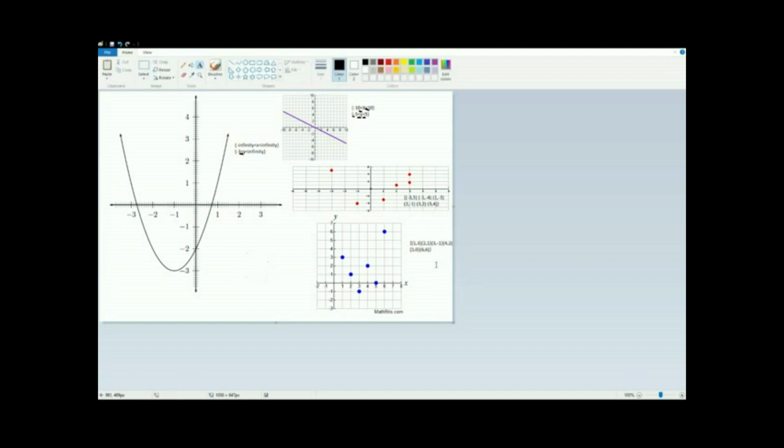Okay, I'm back. Basically that's what you have to fill out for this graph right here. And that is mostly it.